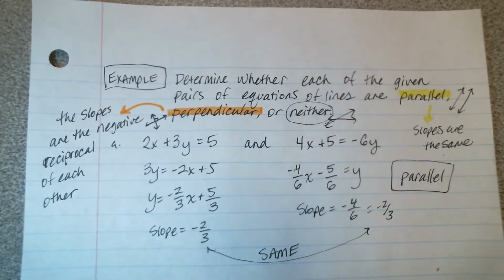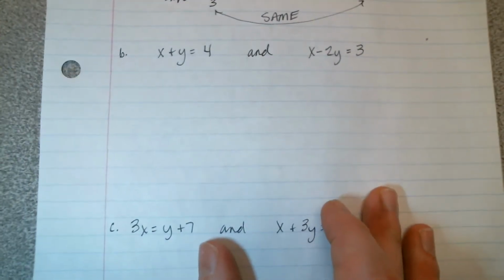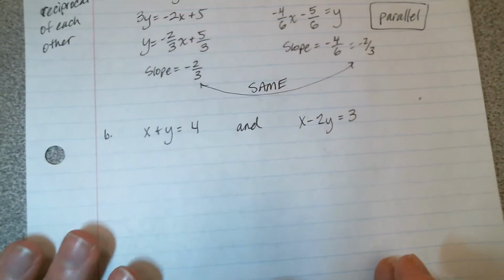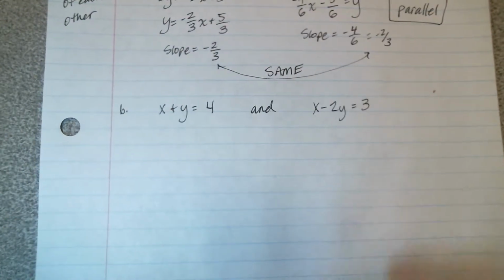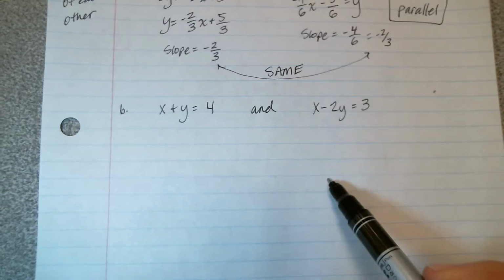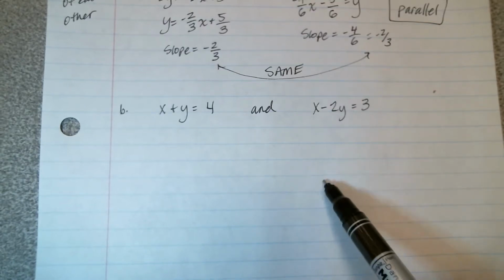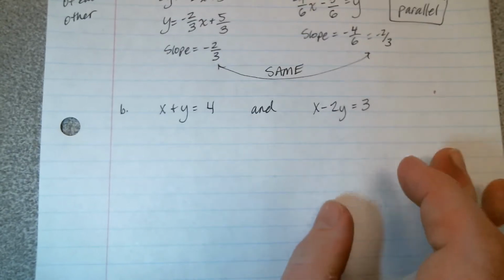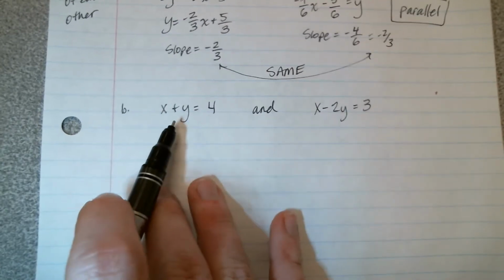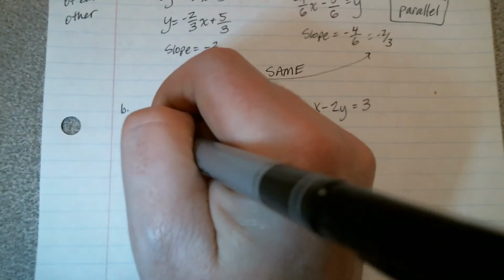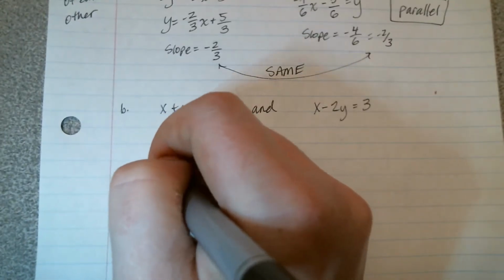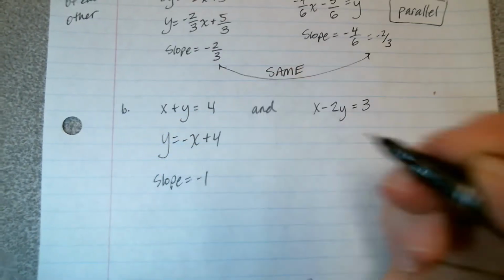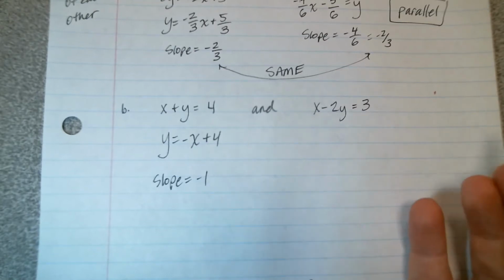Okay, second example. x plus y equals 4, and x minus 2y equals 3. So I'm going to do the same thing I did before. I'm going to convert these into slope-intercept form just to make the slope easier to see. So over here I'm going to subtract x from both sides. So the slope is -1 right there.